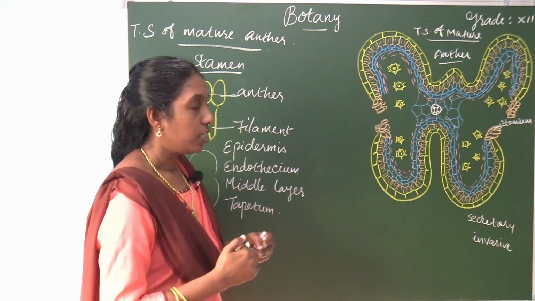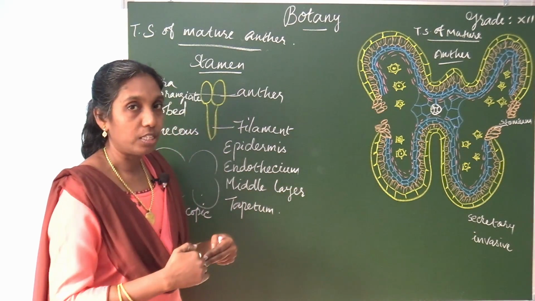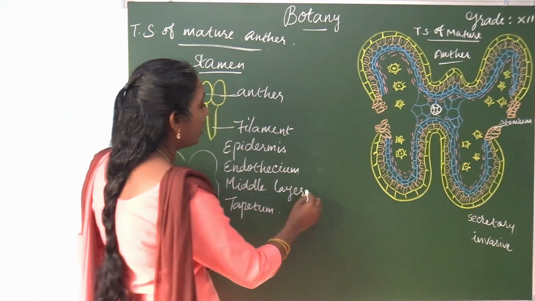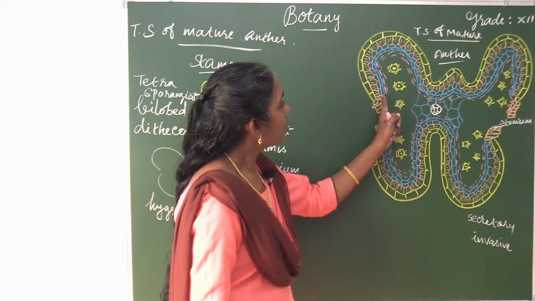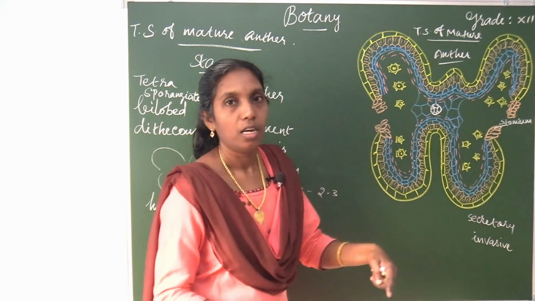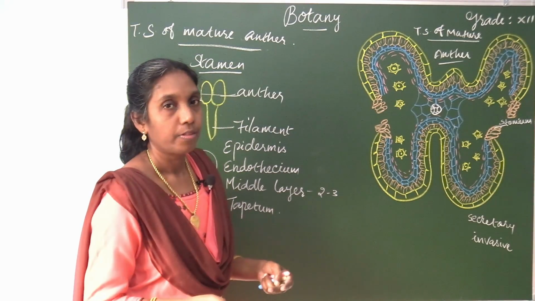Inner to this endothecium there are 2 to 3 layers of middle layer. Either 2 layers or 3 layers of middle layer are present.